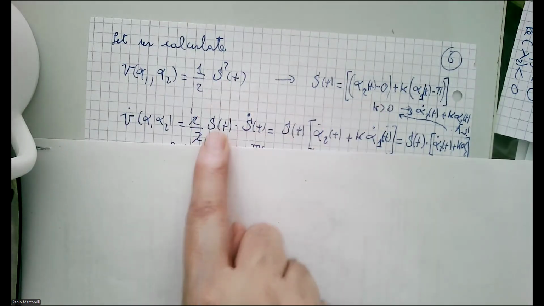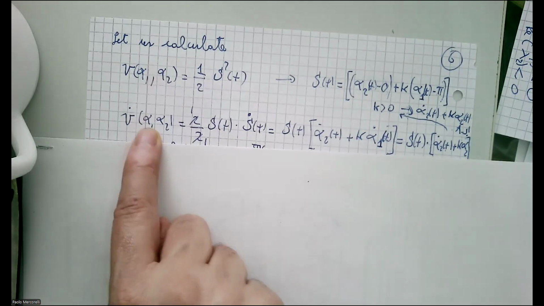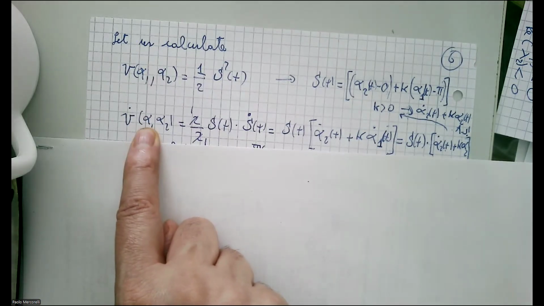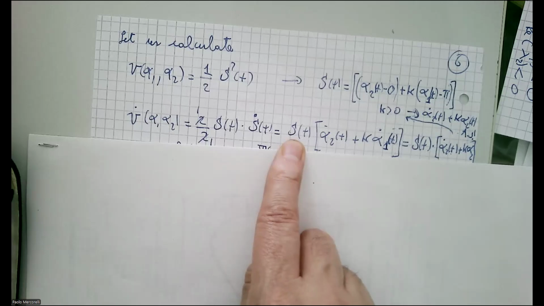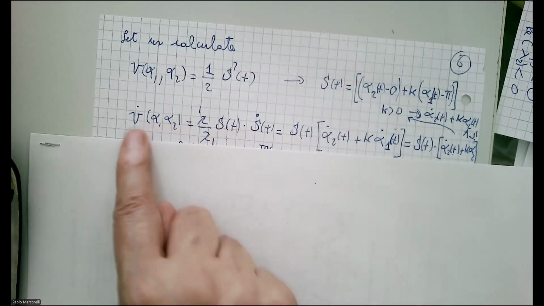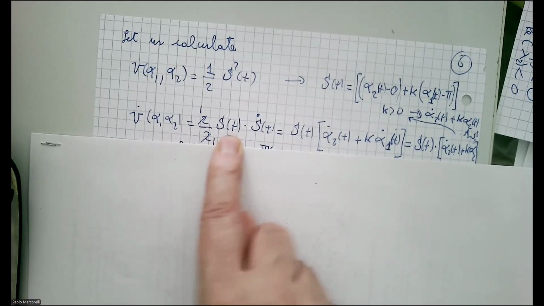This is S, the derivative of this expression with respect to time is this one. We can see that the derivative at the equilibrium point is 0 because this is 0.